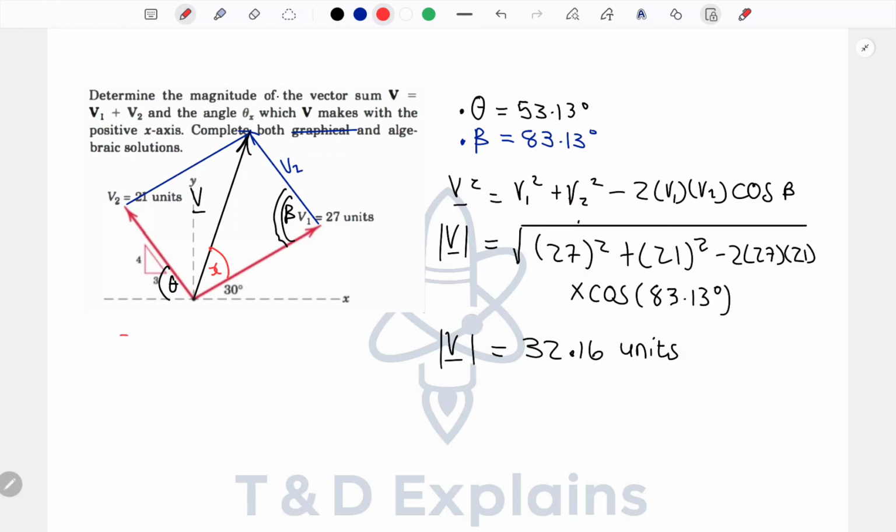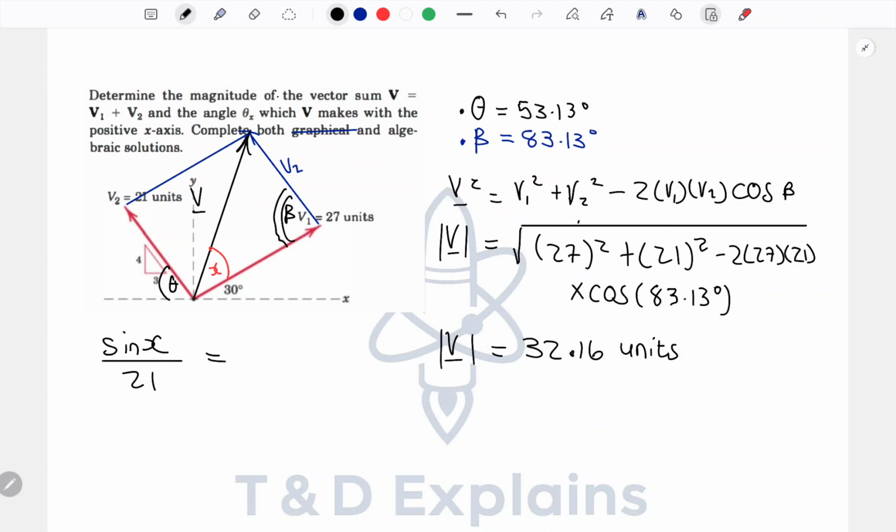I'm going to say that sine x divided by V2, which is 21, is equal to another known side. Which one is another known side? V2 is known and V is also known. We've already used V2, so I'm going to use V because we don't know the following angle.